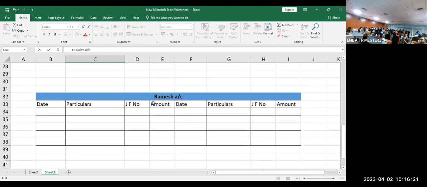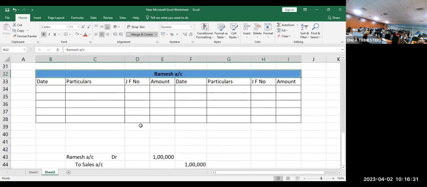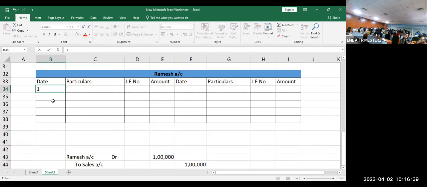Now come to Ramesh account. Now we have to prepare 2 ledger accounts. One is Ramesh account, another one is sales account. I'm telling you Ramesh account only. Logic is the same. Now which side is Ramesh? Debit side. So I'm going to the debit side of Ramesh. I'm writing 1/4/2022, the sales date.